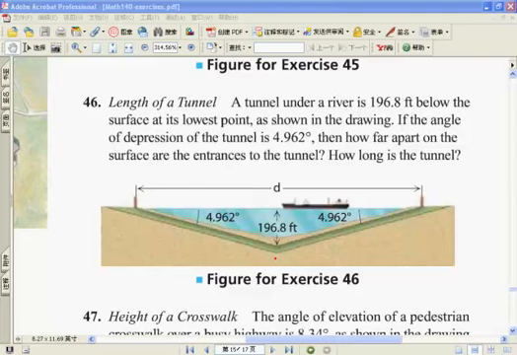So first, we can draw a perpendicular from this point to this side, and then we can form a right triangle. So this is 90 degrees, and the angle is 4.962 degrees, and we know this length 196.8 feet. So now we need to find the length of this side and double this length, then we get the distance between the two entrances to this tunnel. Let me draw this sketch on the whiteboard.